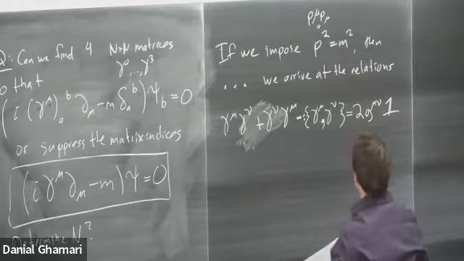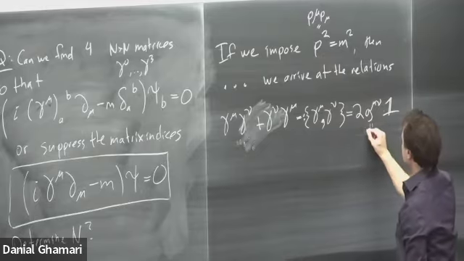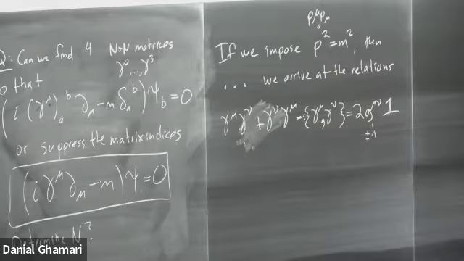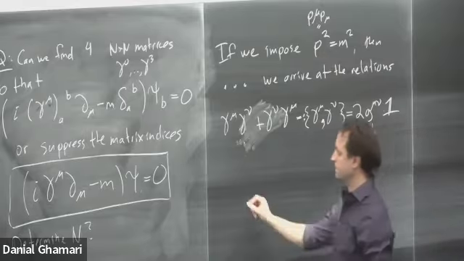But these numbers are all either plus or minus 1, right? So this is exactly the condition for generating a Clifford algebra.